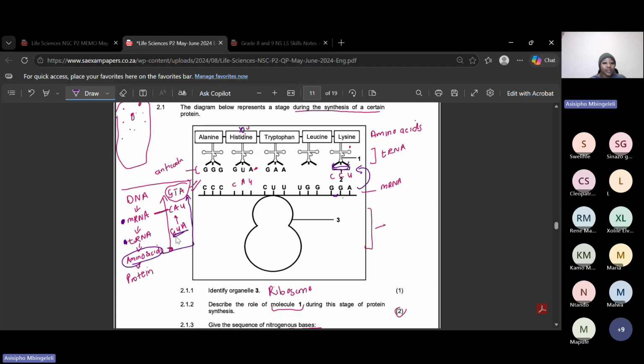So we are working from actually GUA to get the bases of DNA. So we are going to pair these bases to form a messenger RNA strand first, CAU, and then use these bases to pair them to get the bases on a DNA molecule, GTA. So if your answer is CAU, that is wrong. You have given us bases of a messenger RNA and not the DNA.